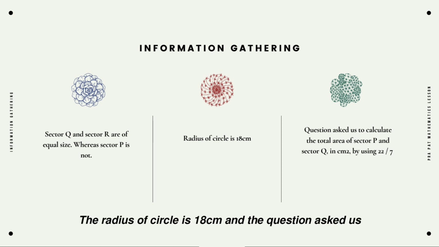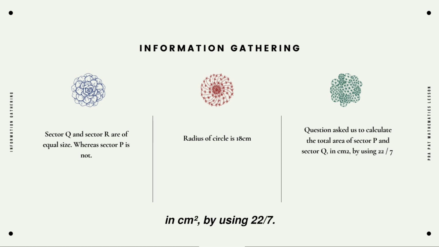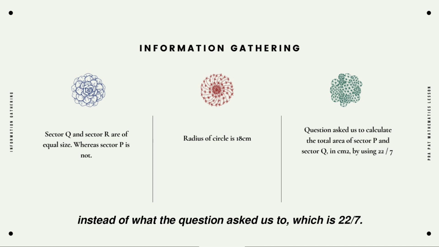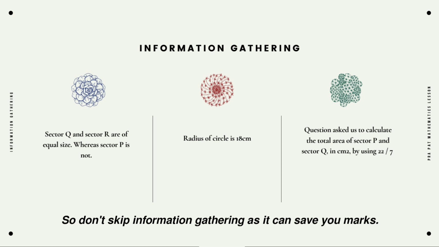The radius of circle is 18 centimeters, and the question asks us to calculate the total area of sector P and sector Q in centimeters squared by using 22/7. Some students might have lost marks on this question because they used 3.142 instead of what the question asks us to, which is 22/7. So don't skip information gathering as it can save you marks.